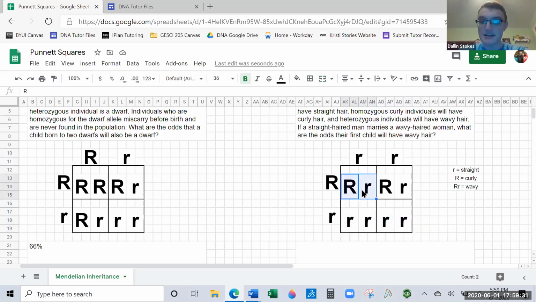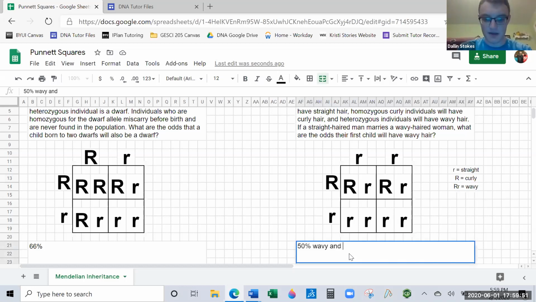The heterozygous, they blend together and make wavy hair. That's the difference here. So again, the Punnett square didn't change. It's what the Punnett square means. In this case, what the heterozygous means changes. So in this case, it would be 50% wavy, 50% straight.